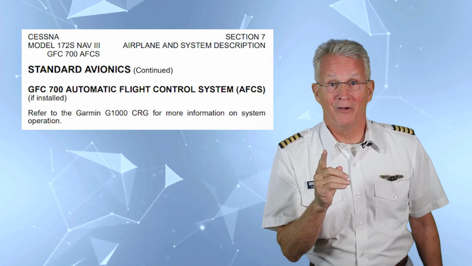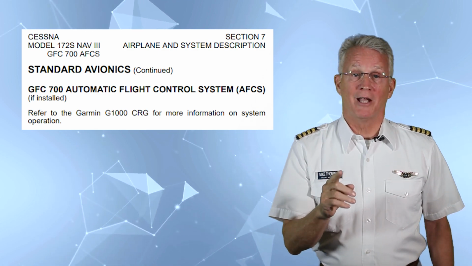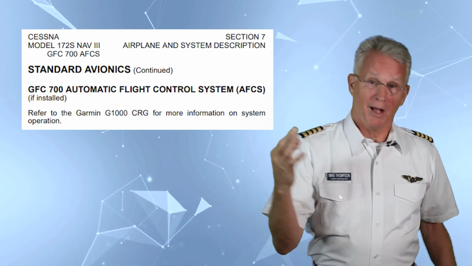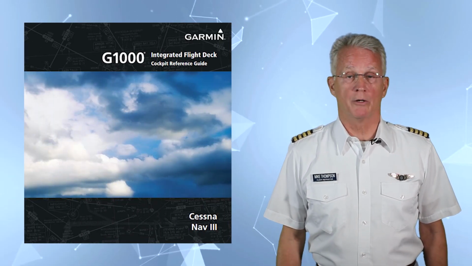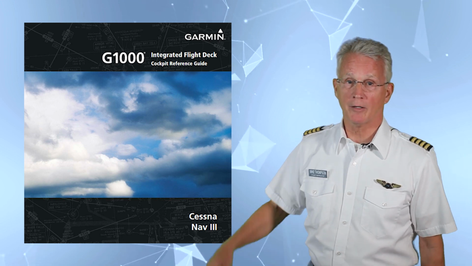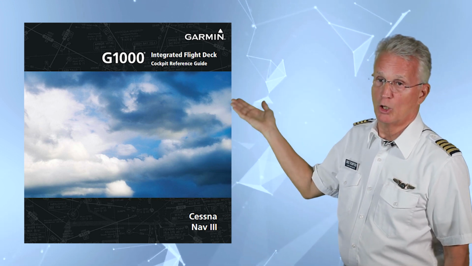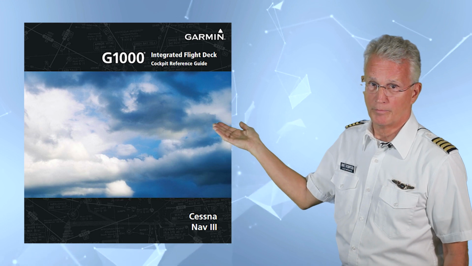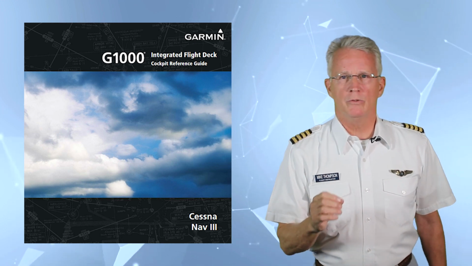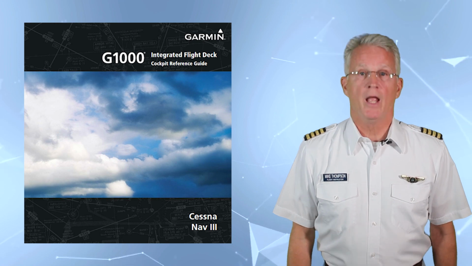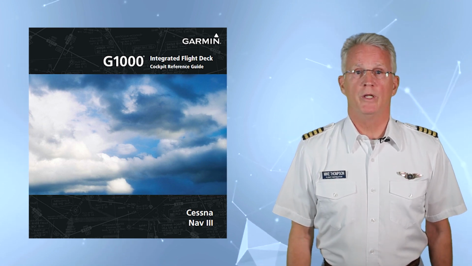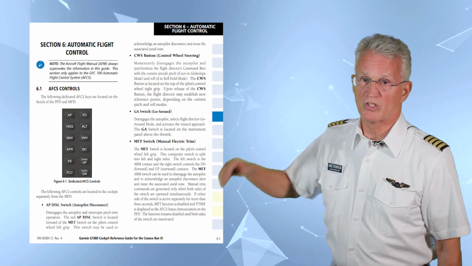It turns out that document that we really need is our third reference. The G1000 Integrated Flight Deck, or CRG, or the Cockpit Reference Guide, shown here. Now, when we use the guide, we turn to the table of contents, and we find that what we need is Chapter 6.